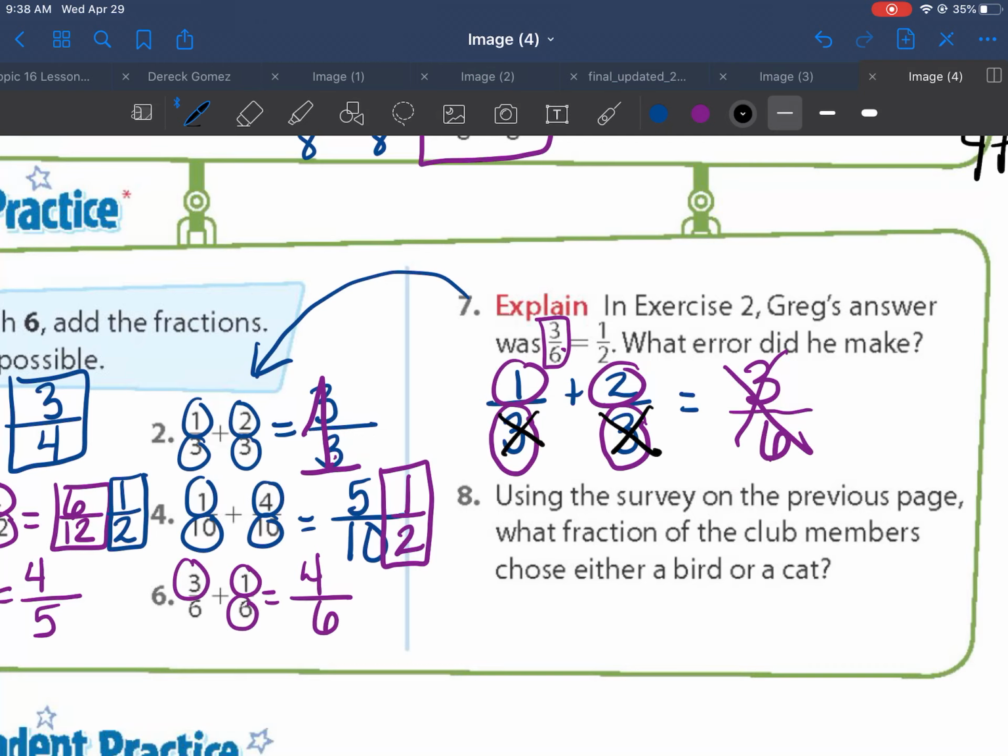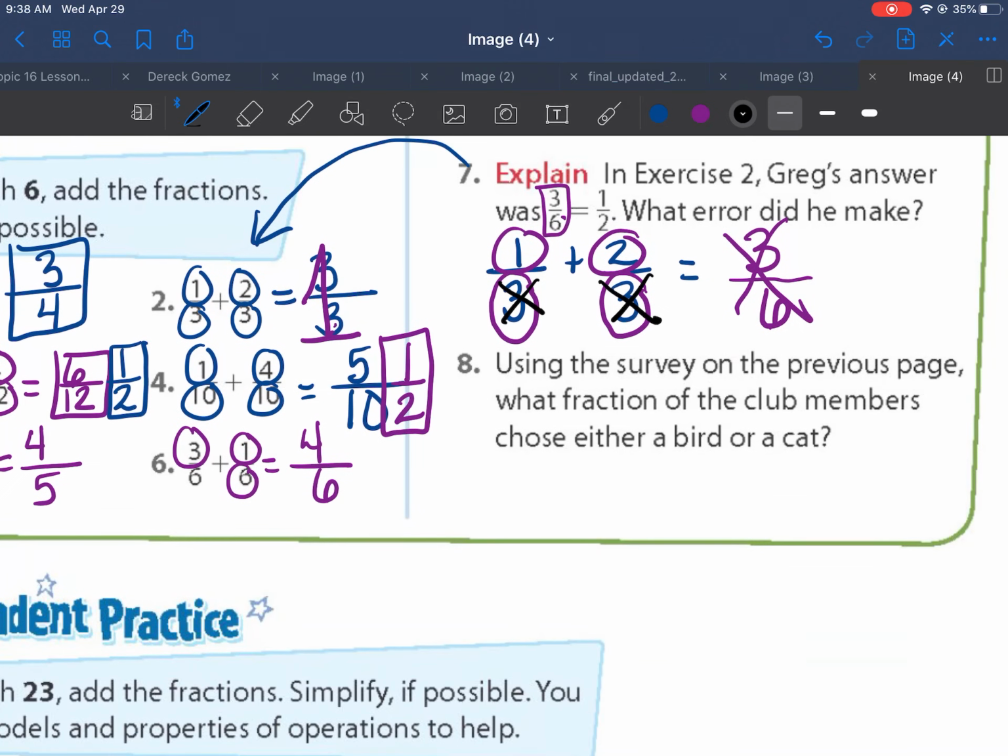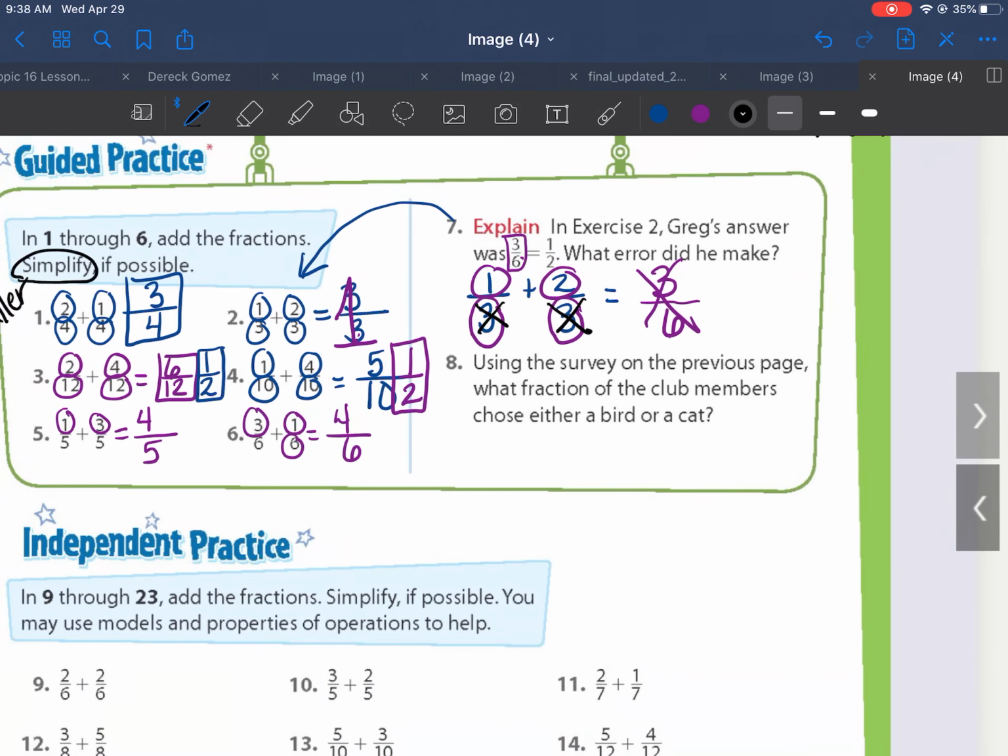We're talking about the same whole, but we're only adding the parts that are already there. If you add the denominator, your wholes are going to get bigger. And that's not what we're doing. We're only adding the parts.